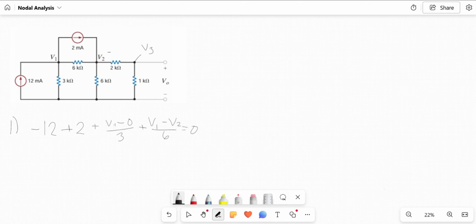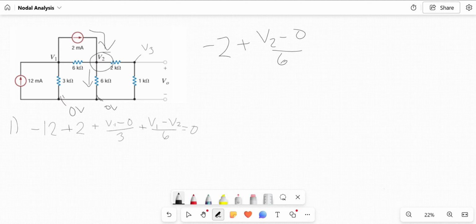Now I will be focusing on V2. Once again, since we see this current going towards V2, that will be a negative 2. Next, I want to focus on the current for the 6 kiloohm going down. Again, this is the bottom, 0 volts, because that's what we set our ground as. This is going to be plus V2 minus 0 over 6.